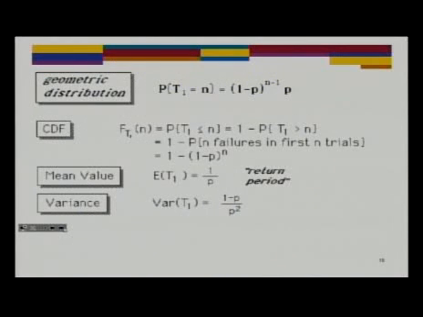Okay. And this screen just tells you the mean value and variance for the geometric distribution. Those are 1 over p and 1 minus p over p squared. Okay?